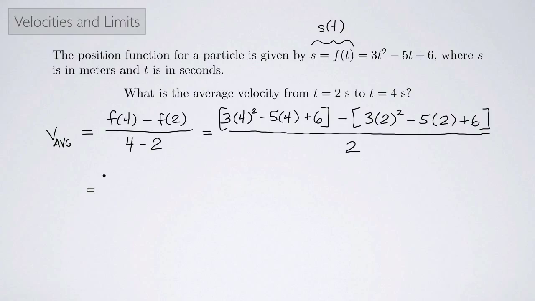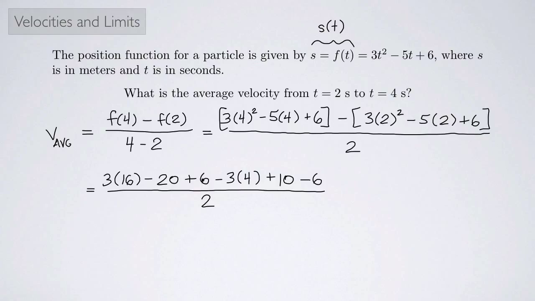So this is 3 times 16 minus 20 plus 6 minus 3 times 4. And then this will be plus now, plus 10 and minus 6, and this is all going to be over 2. Our plus 6 and our minus 6 can go away, and so we're left with 3 times 16, that's 48. So we have 48 minus 20 minus 12 plus 10 all over 2.